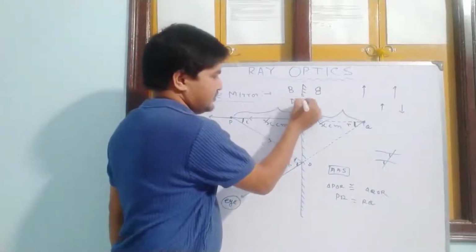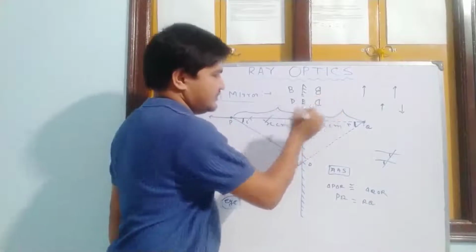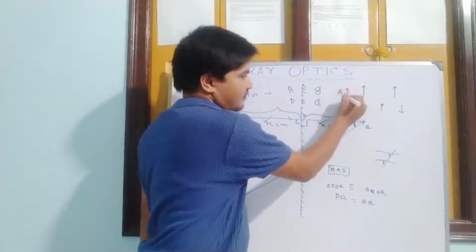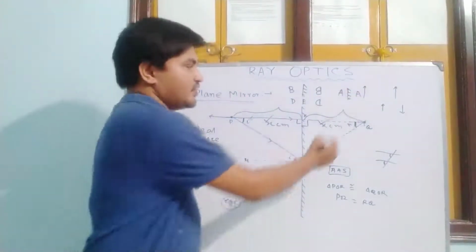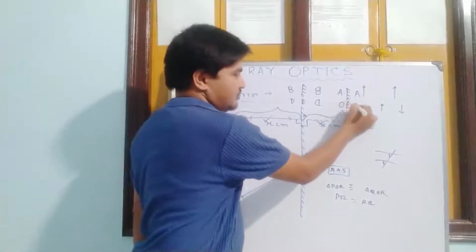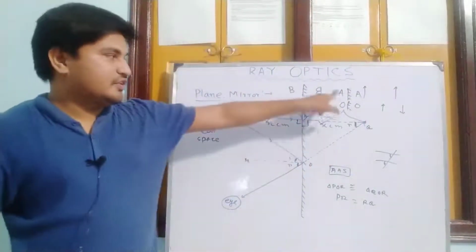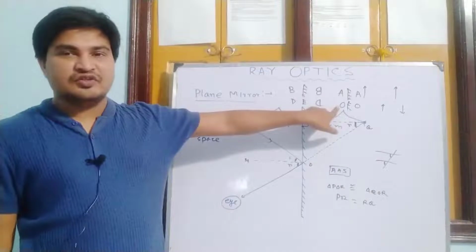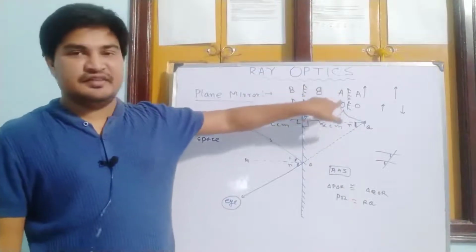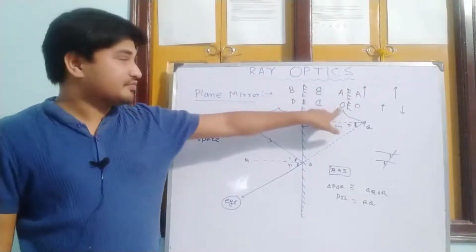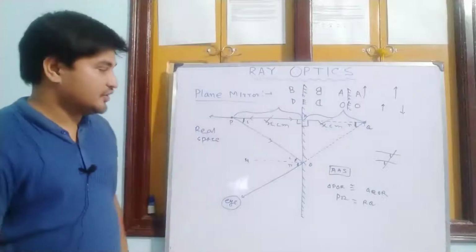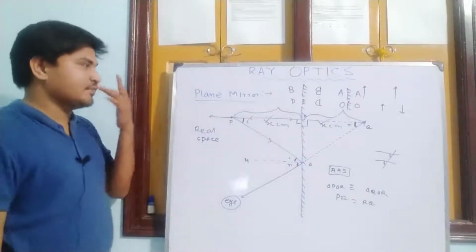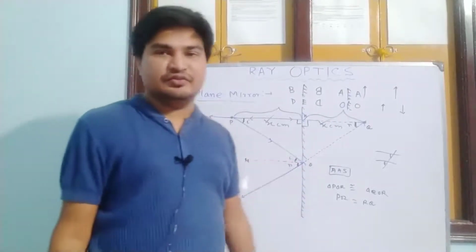If we observe D, it will look like this. A looks like A. O also looks like O. So for these letters, no changes are observed as they are symmetrical in shape. Okay. So these are the factors and properties related to the plane mirror.